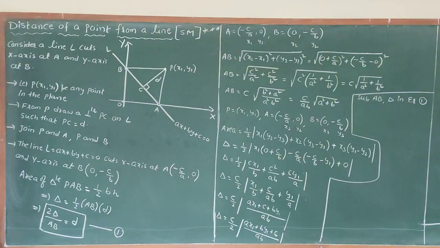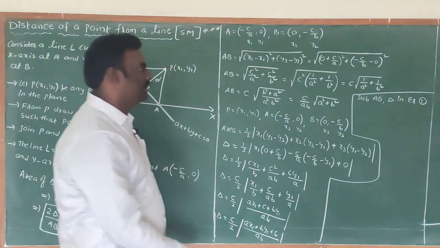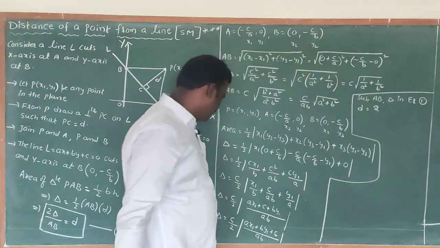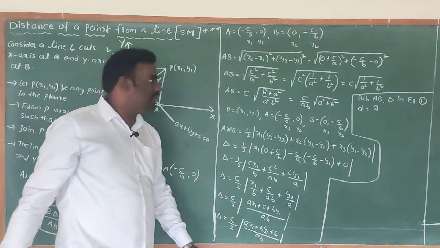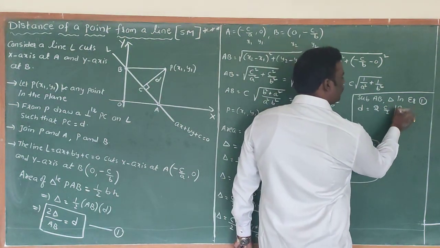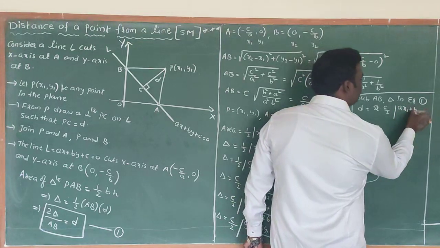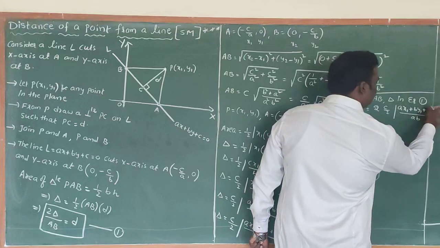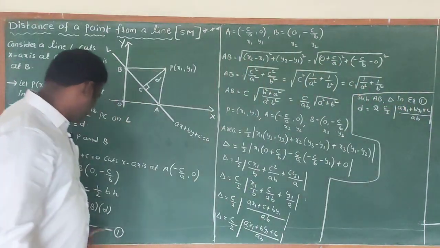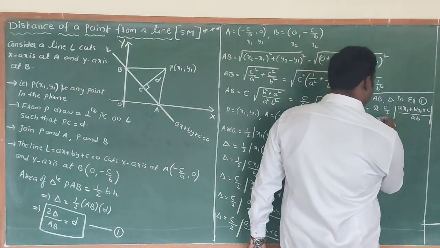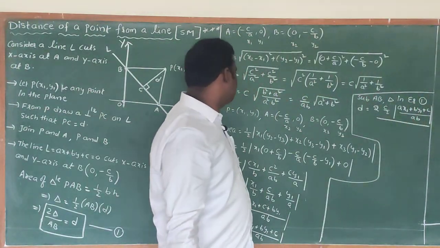What is equation 1? D is equal to 2 delta by AB. D is equal to 2 into delta, how much you got? C by 2 into modulus of AX1 plus BY1 plus C by AB. 2 delta by what is denominator? AB. By AB, how much we got?